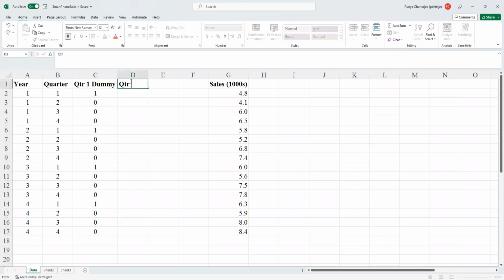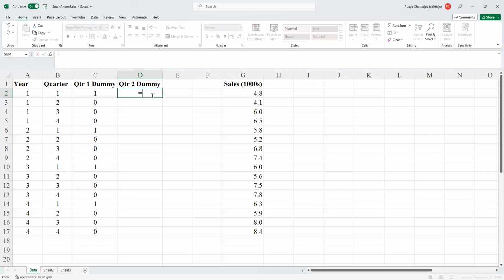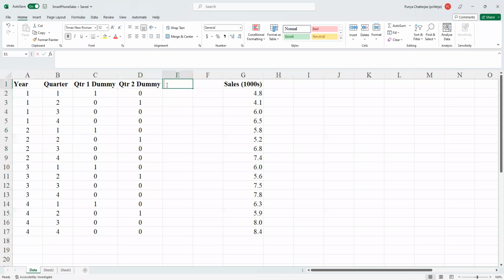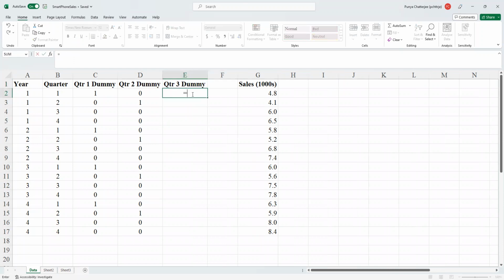Quarter 2 dummy: if your quarter equals 2, then it's 1, otherwise it's 0. Again, you can fill it up. And then quarter 3 dummy: if your quarter equals 3, then it's 1, otherwise it's 0.